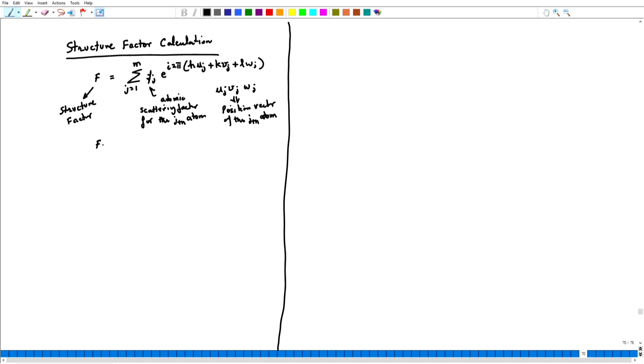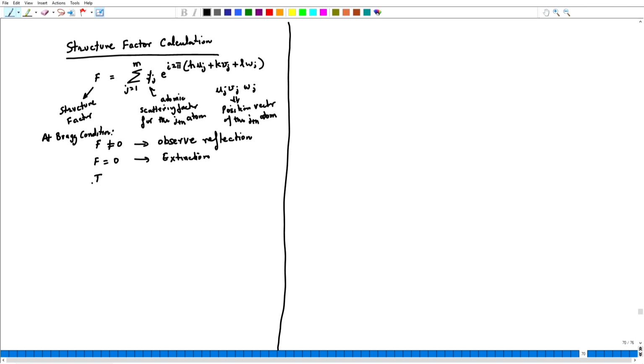So, F not equal to 0 at the Bragg condition means one should observe a reflection, and if F is equal to 0, we get extinction. It is these extinctions which will give us a clue what kind of crystal structure it is and where the atoms are present in the unit cell.